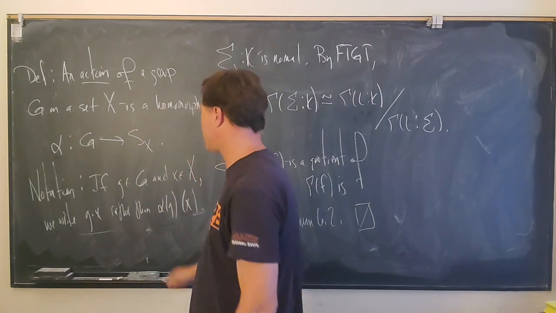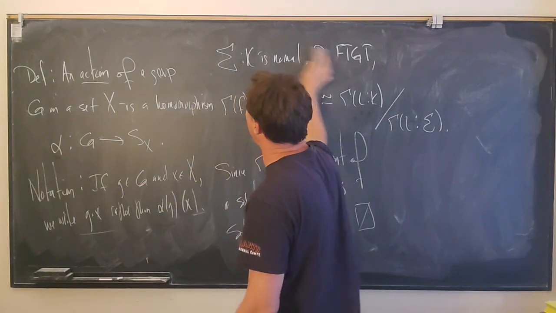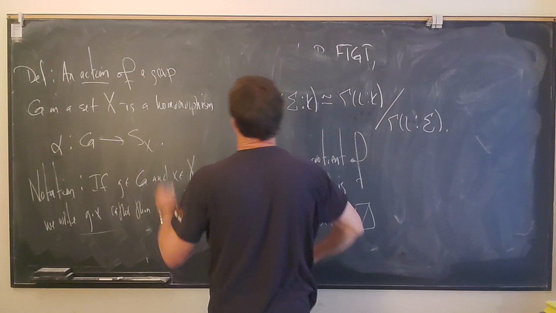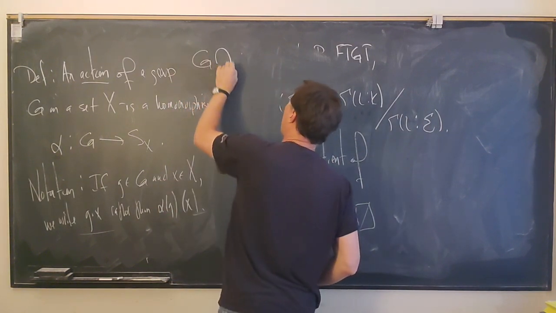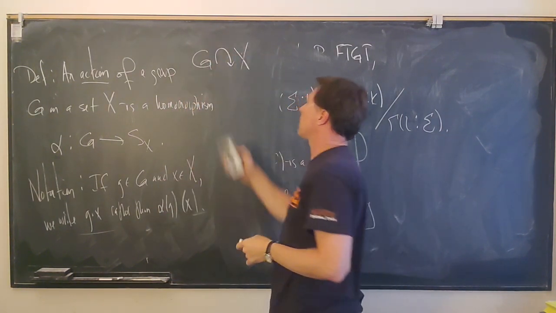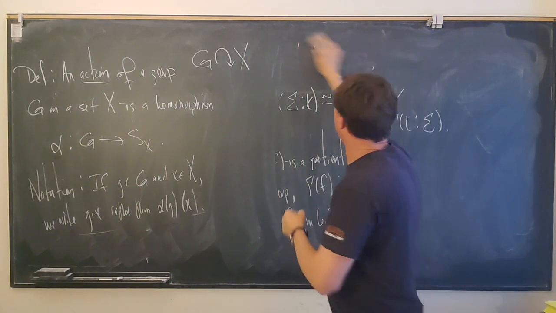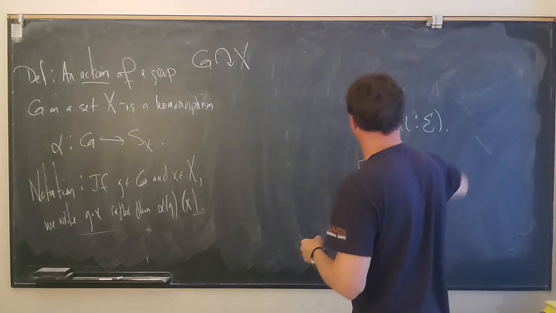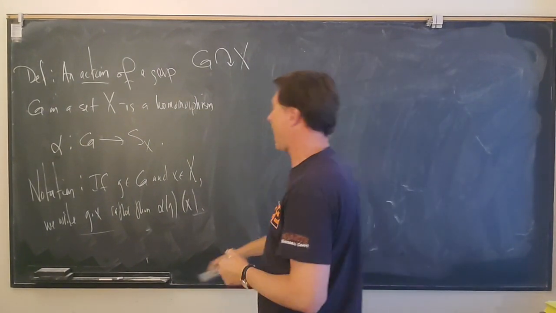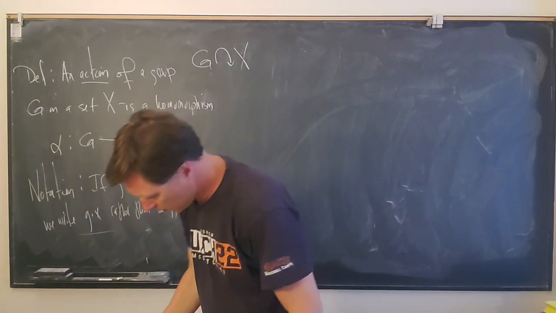So we'll typically say G acts on X, and the quick notation is G and then a circular arrow X. This is often read G acts on X, or there is an action of G on X.